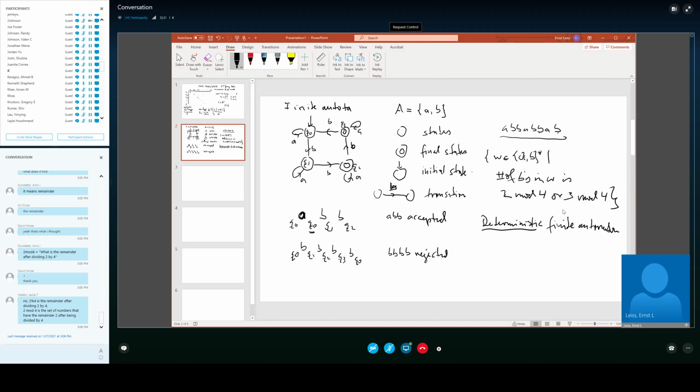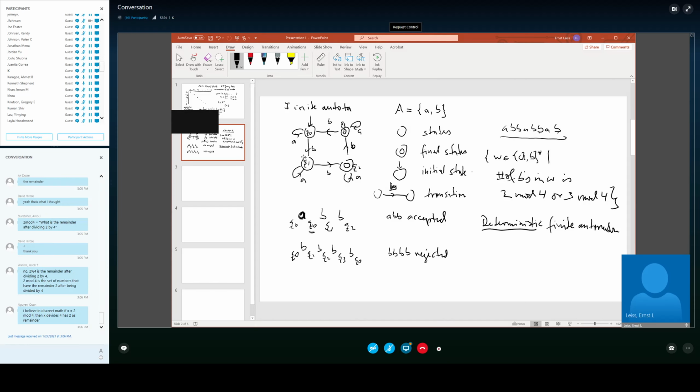Because if I'm in any state in this automaton, and I have a letter, there is exactly one transition. The easiest way to see that is by simply writing down all the transitions. We have Q0, Q1, Q2, and Q3, and we have 2 letters, A and B.